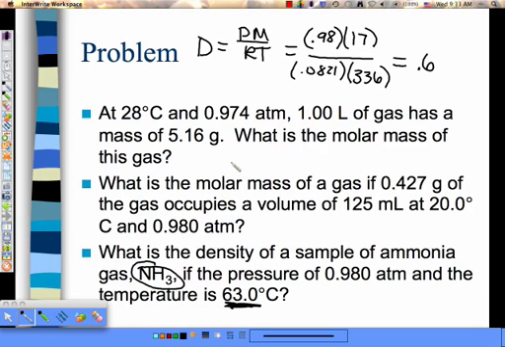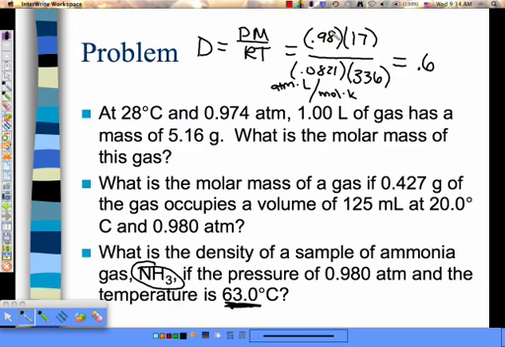And what's going to be our units? Let's check this out. So remember R has ATM times liters over mole Kelvin, right?